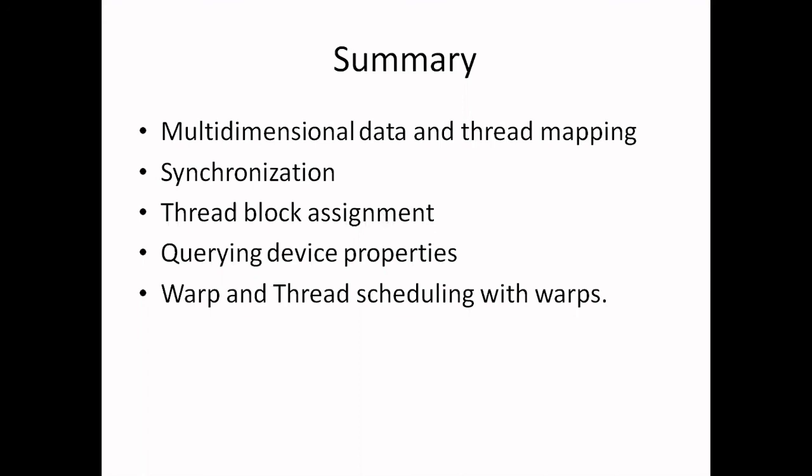So for today we will stop here, and in the next lecture we will see the memories, where you will see registers and shared memory, and also global memory and constant memory.